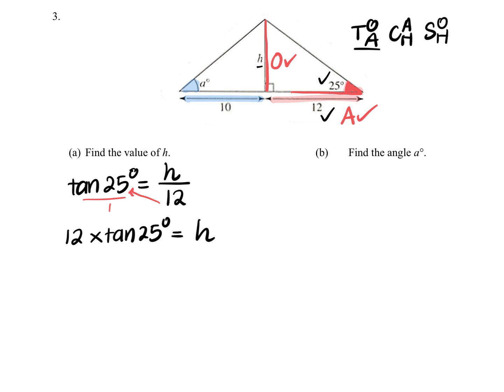After calculation, I managed to find this is 5.5957. And rounding this off, 5.5, 1, 2, 3, round up. Oh, not 5.5 already, 5.60. Okay, so H equals 5.60.